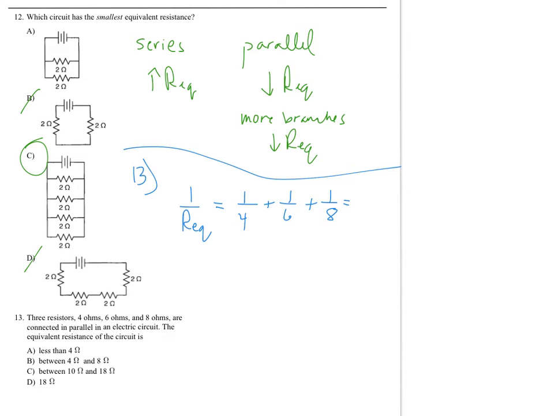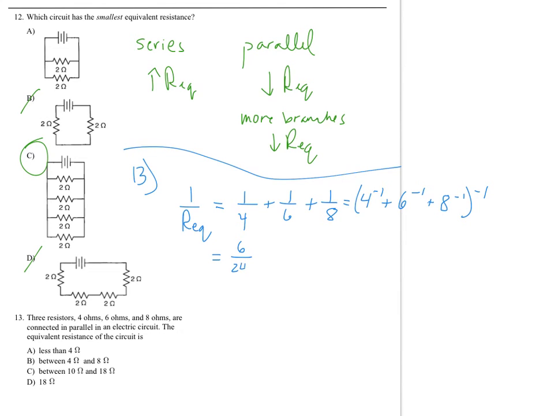Just remember, you're looking at the inverse button right above the 7. So you would do this. Or if you want to do it the fraction way, follow along. The common denominator between 4, 6, and 8 will be 24.